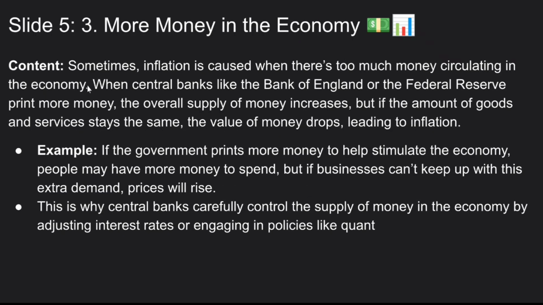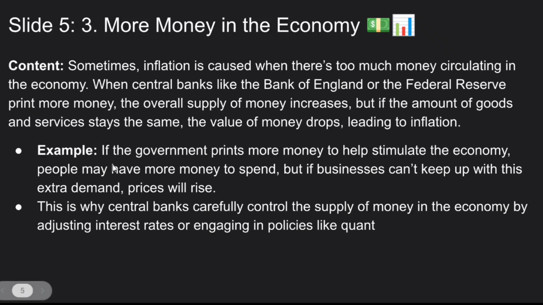Then we have the concept of more money in the economy. Sometimes inflation is caused when there is too much money circulating in the economy. When central banks, like say the Bank of England or the Federal Reserve, print money, the overall supply of money increases. But because the amount of goods and services stays the same, the value of the money drops, which leads to inflation.